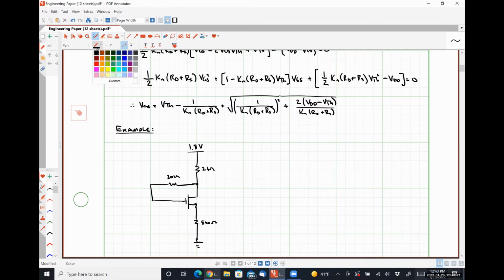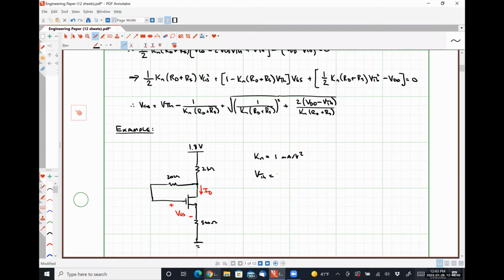And we want to determine our operating point, which will be VGS and ID, where say Kn is 1 milliamp per volt squared. And let's see what else.